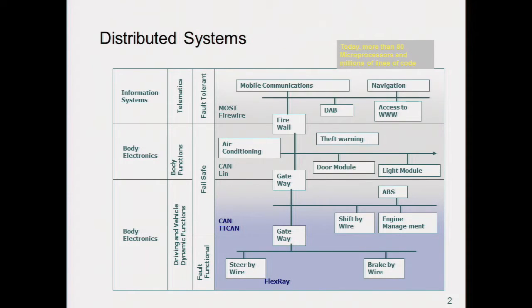The body electronics covers air conditioning, theft warning, opening and closing the doors. There is the module taking care of the lights. And then there is the electronics that is typically the safety-critical part of the system. Interestingly enough, for every one of these functions, the connectivity of the components that do the calculation is given by different wires and different protocols. So it's a real mess. It's an ugly mess.